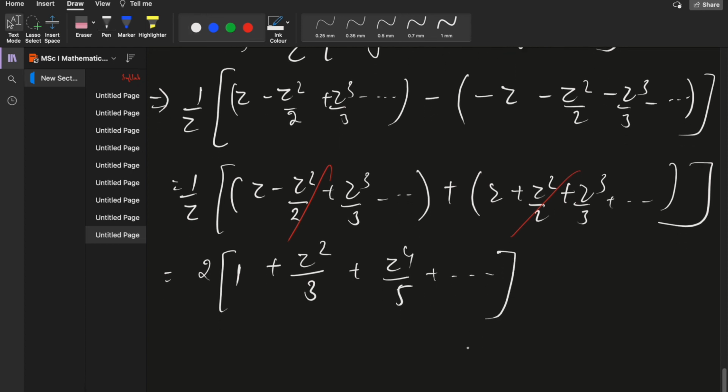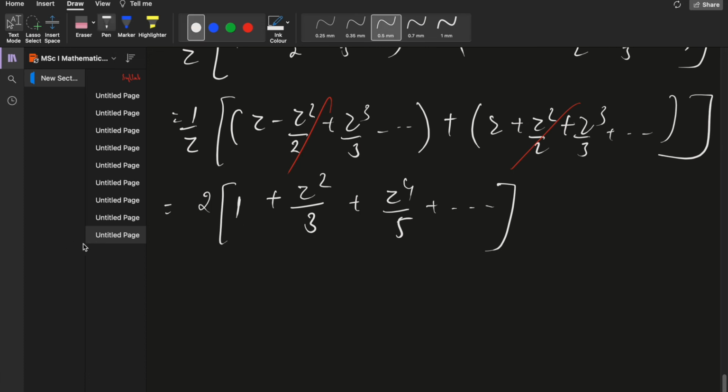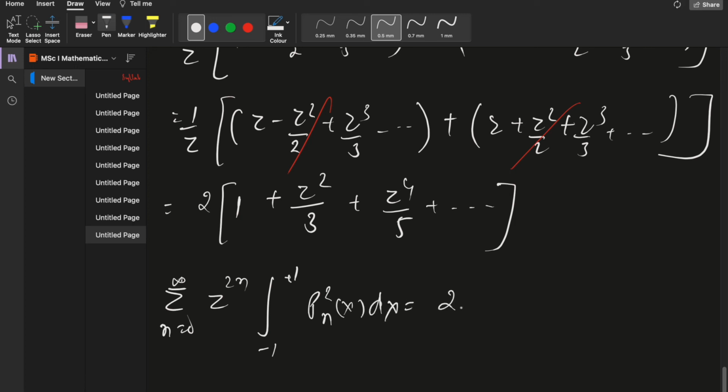Alright, so we will have this series. So on the left hand side we had the summation n from 0 to infinity, z to the power 2n, integral from minus 1 to plus 1, P_n x squared dx, equals 2 times 1 plus z square upon 3 plus z to the power 4 upon 5 and so on.